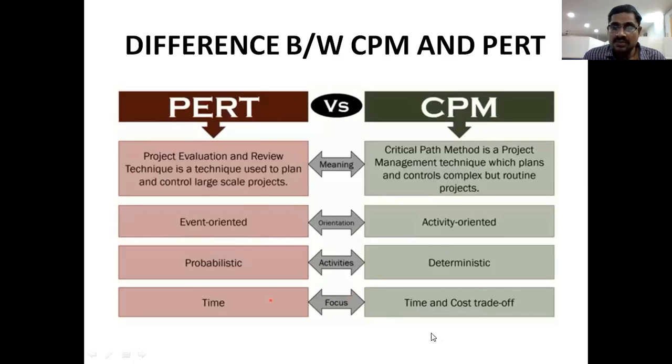In CPM, both time and cost are planned and estimated for these routine projects. But PET only estimates the time, not the cost. Please remember this. CPM focuses on time and cost estimations, but PET focuses on time only, not the cost. It is another difference between CPM and PET.